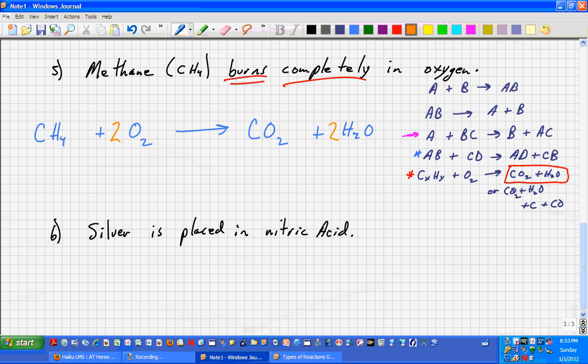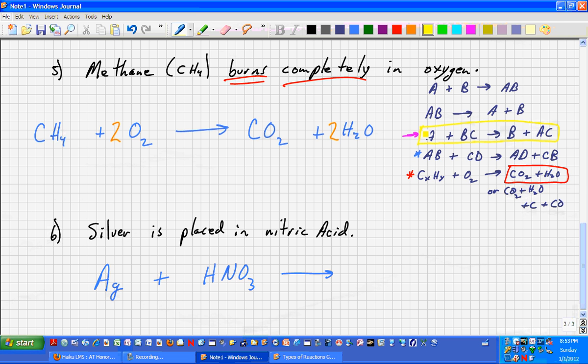Take a look at this last example. Silver is placed in a solution of nitric acid, so I've got silver reacting with nitric acid, HNO3. I don't know what this produces, but I can see that this is an element reacting with a compound. Element reacting with a compound again is back to this reaction here, a single replacement reaction.